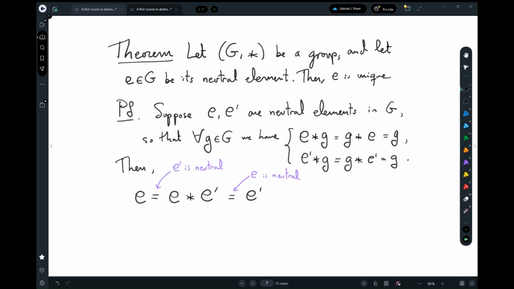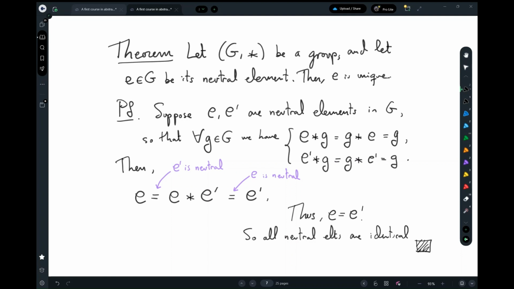And therefore, what we've just shown is that e and e prime are the same. So all neutral elements are identical. And that concludes the proof that I wanted.